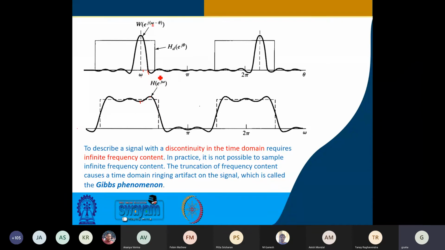If we look at this specific point of omega, the first side lobe, which is negative going and has the maximum negative area under it, generates negative values when multiplied with this value. So that is the maximum at this value of omega, and that is giving you some value.